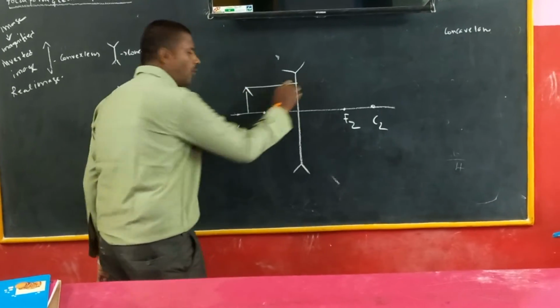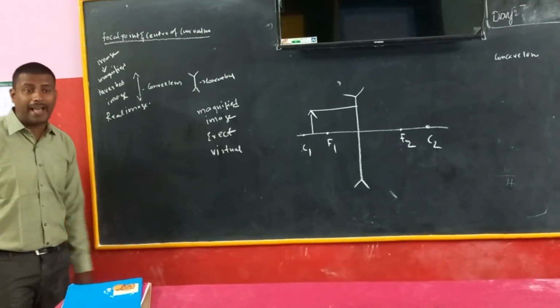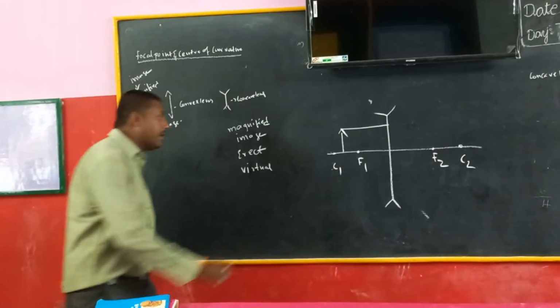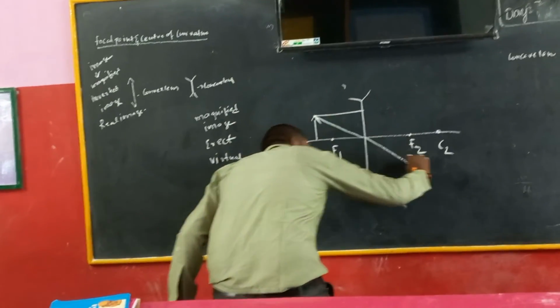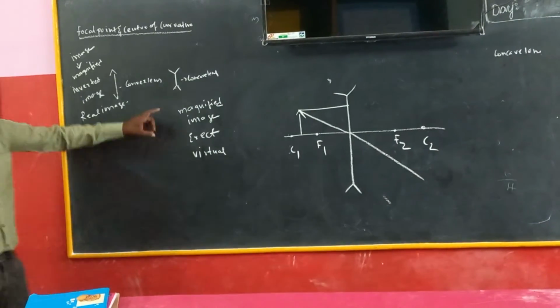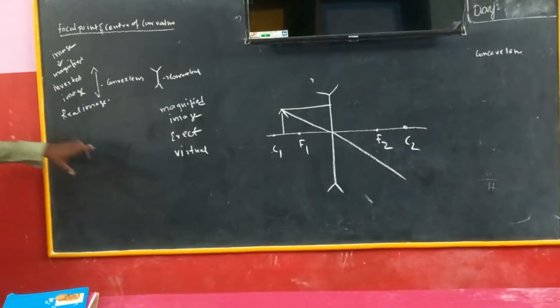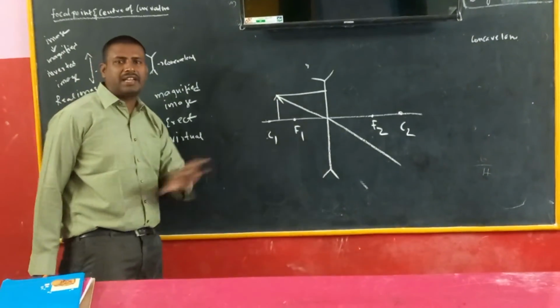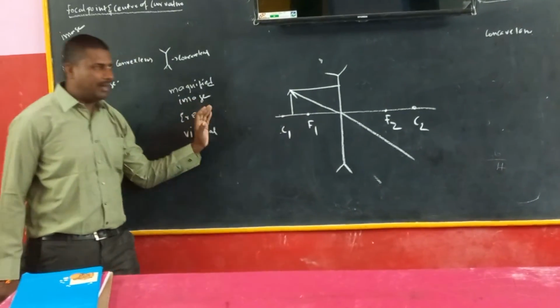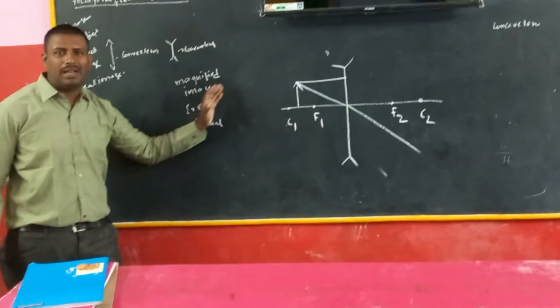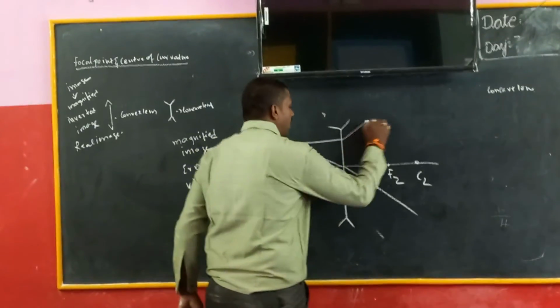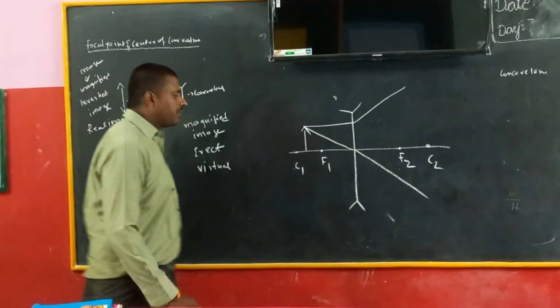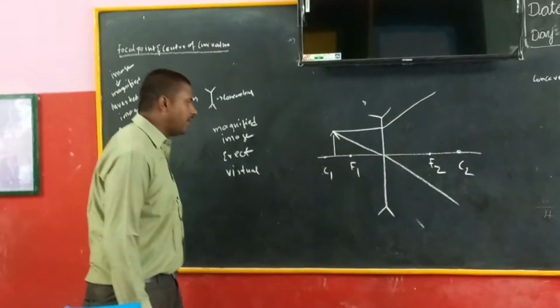Same rules. One ray should be parallel to the principal axis and another ray should be passing through the optic center. The ray which is passing through the optic center is undeviated, and when the light ray is traveling from denser medium to rarer medium, the light ray bends away from the normal, and similarly in this case, it bends away from the normal.